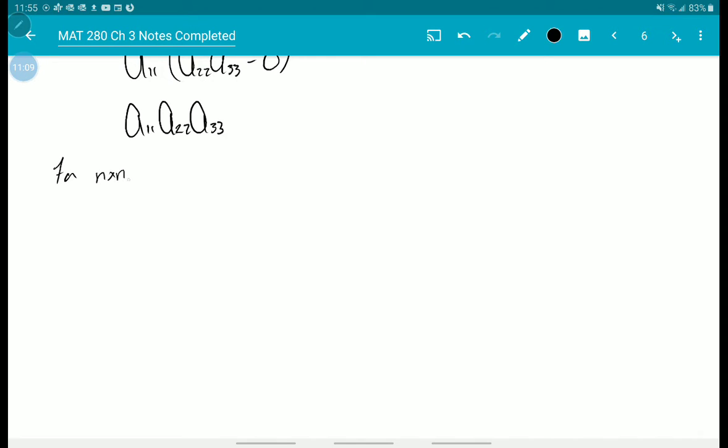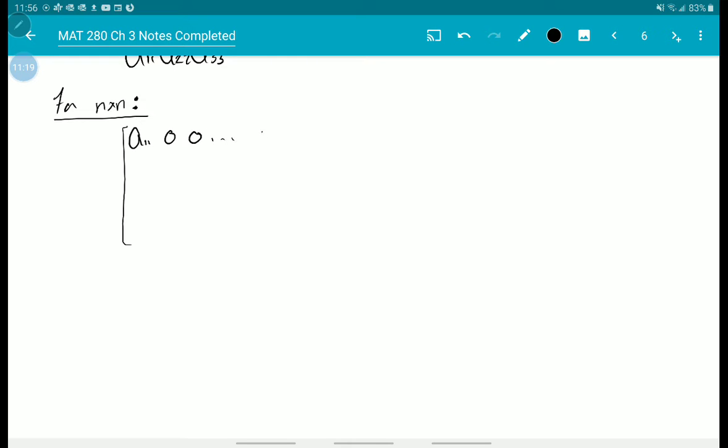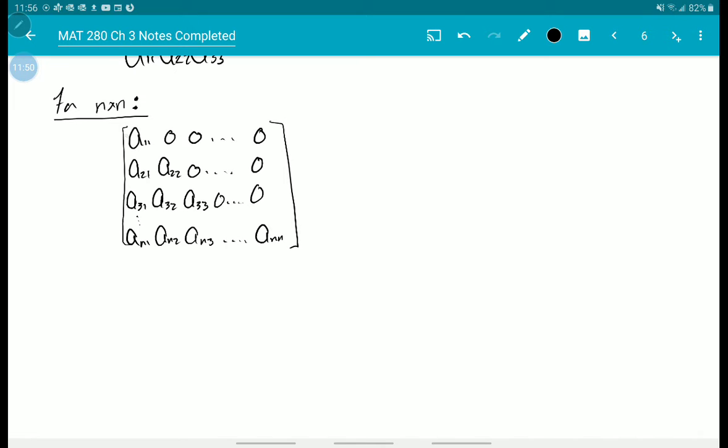So if we had an n by n matrix, and this is again a lower triangular matrix because the non-zero entries are either on the main diagonal or below the main diagonal.